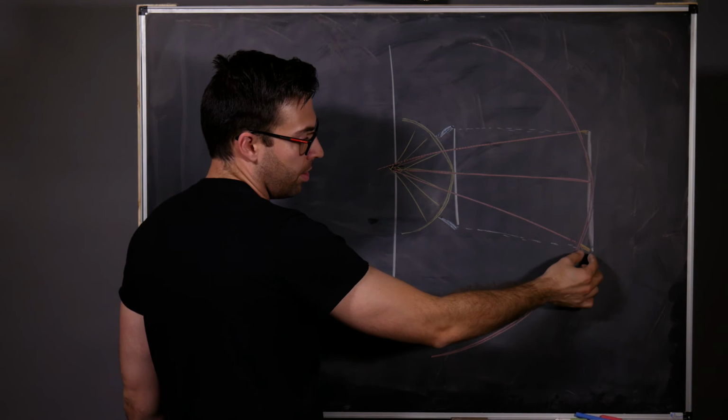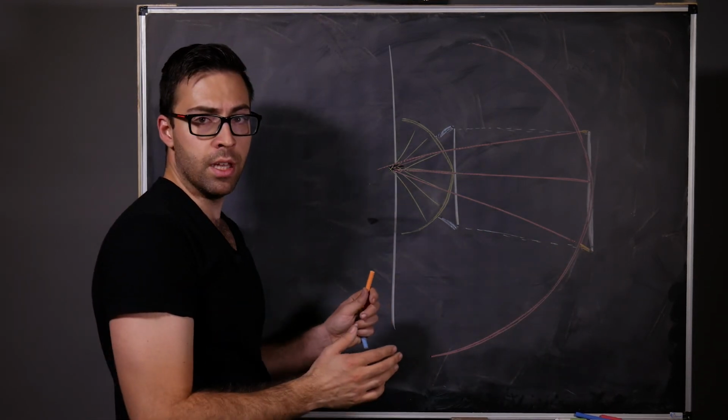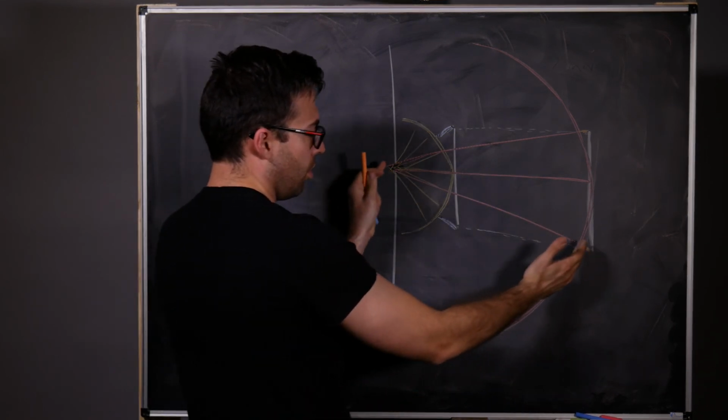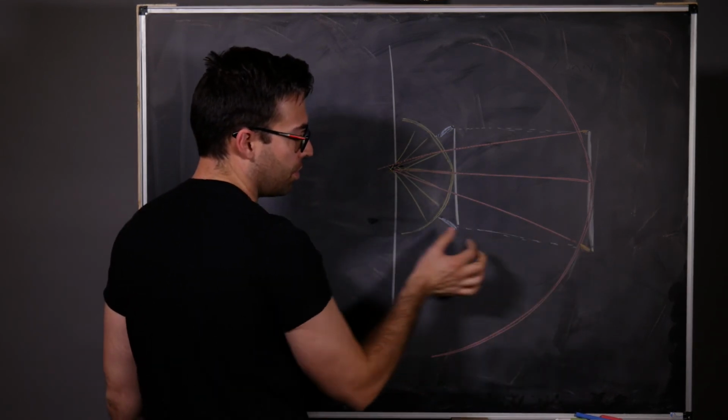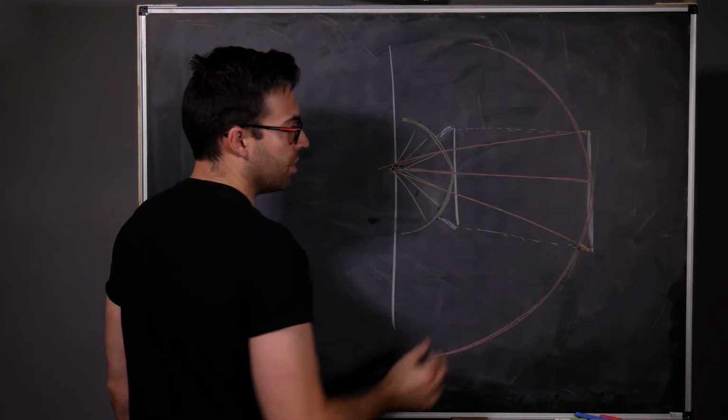It's smaller both in absolute magnitude, but more importantly, it's smaller in proportion to this long distance here. So it's a small fraction, whereas this is a big chunk of this piece. This is only a small piece of this piece.